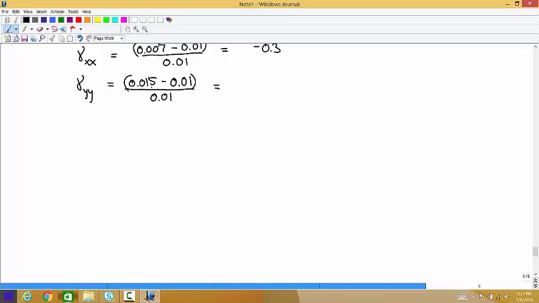And so that's 0.005 divided by 0.01, so that's positive 0.5. The ZZ strain is no change is shown, so that's just equal to 0. The final length is the same as the starting length. I wrote these wrong. These should be epsilon. That gamma is only for the shear strains.